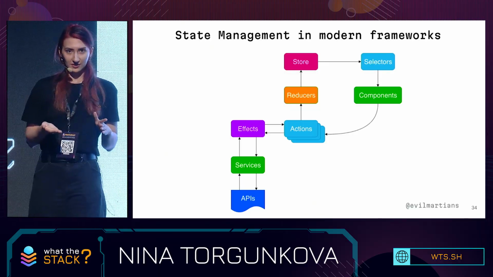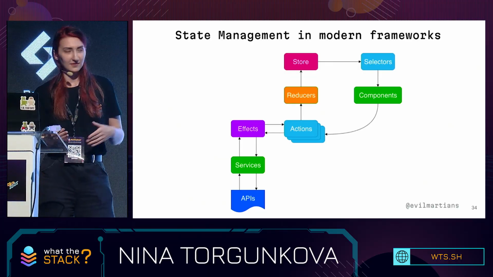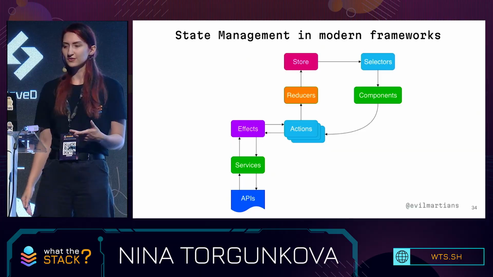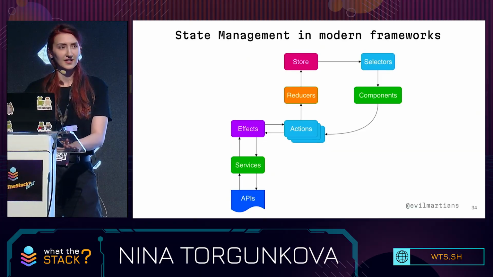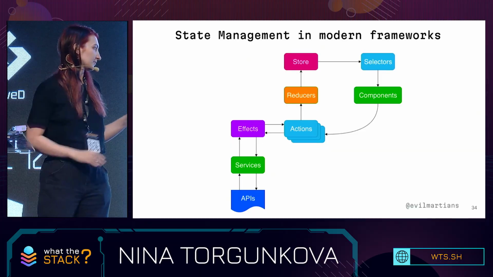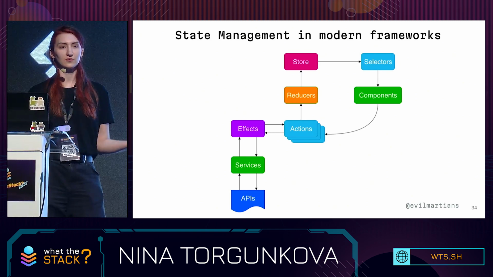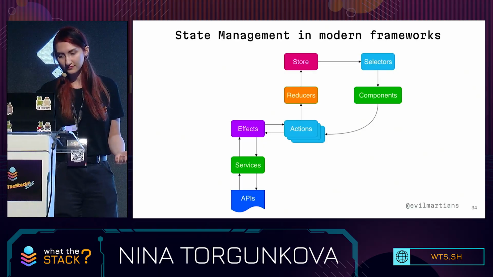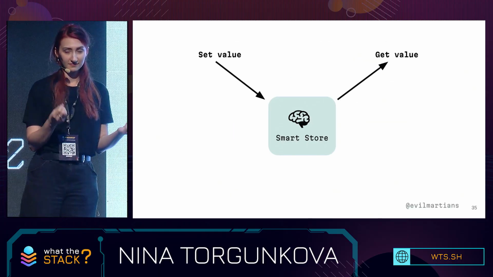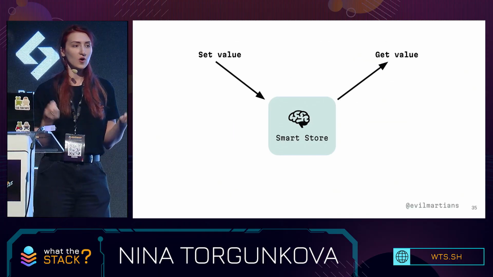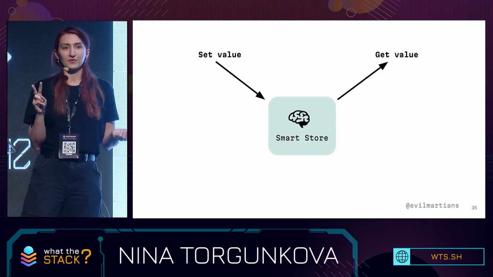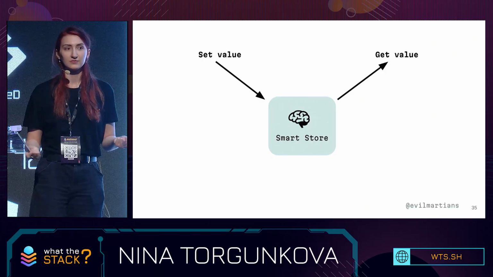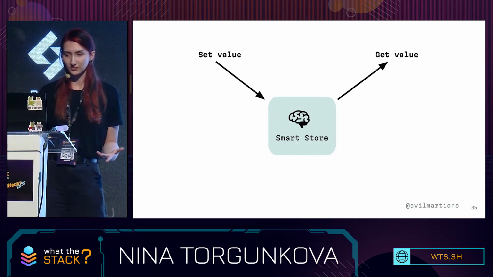And when I started Googling what state management is, I found such a scheme with a lot of different entities like reducers, selectors, effects, and with many complex relationships between them. And of course, it's all made to handle difficult cases. But in my very simple case, all I wanted to do was two simple things. Just set a value about my user in a store and then get this value in my components.